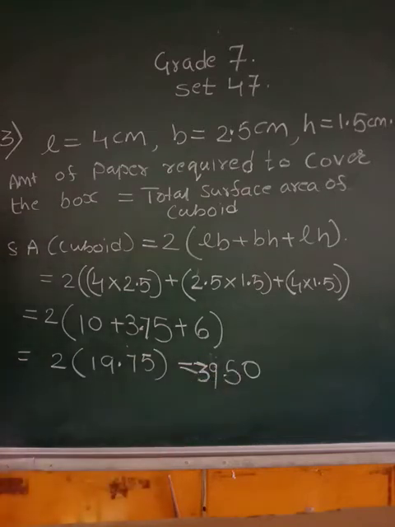In the book it is given 39.5, that's also fine. After the point, 0 doesn't have much value.